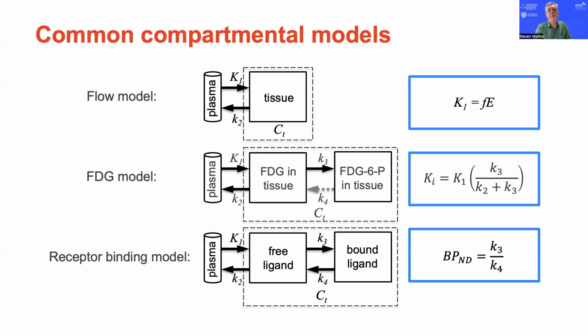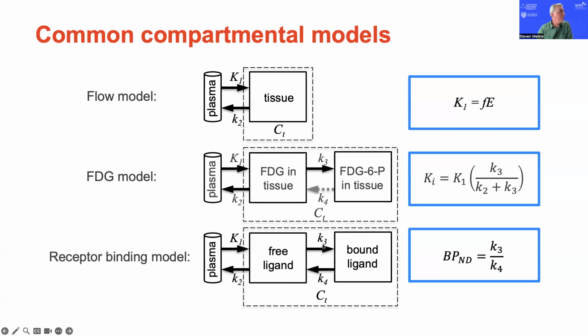And then the third type of model for a different class of tracer, these are receptor binding ligand radiopharmaceuticals, is this model, which you can see is, again, a 2-tissue compartment model, but now those compartments represent something different. They represent the radioligand in its 2 states, free and bound. And these rate constants, K3 and K4, are the important ones that describe the rates at which the tracer becomes bound and comes off again, so the on and off rates.